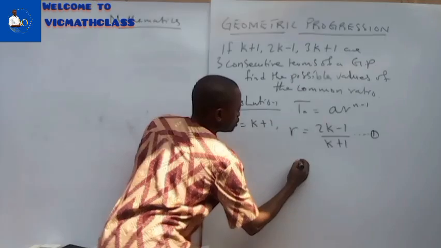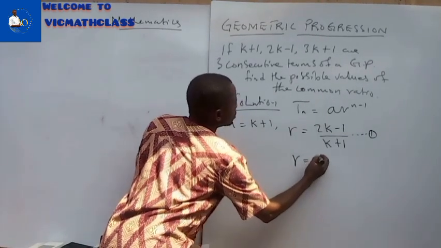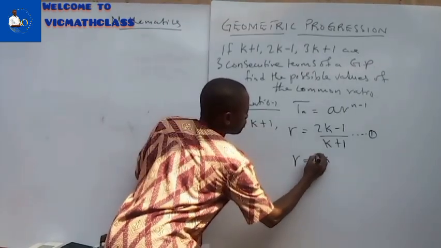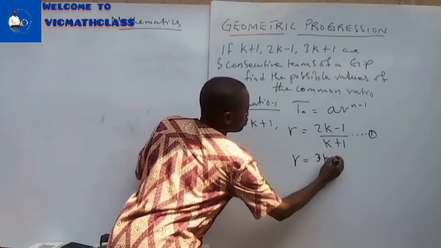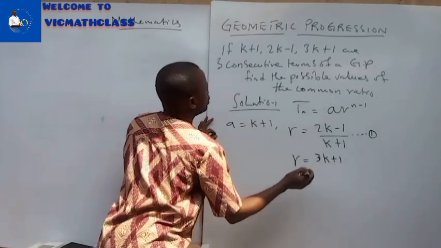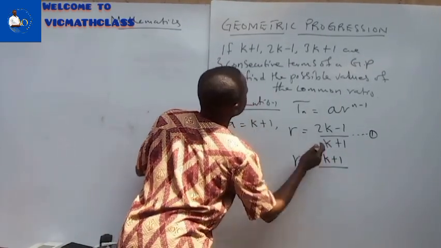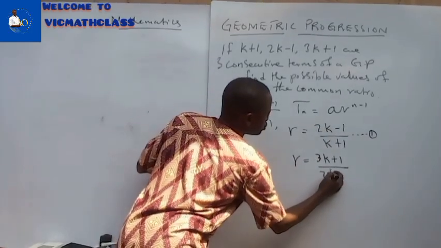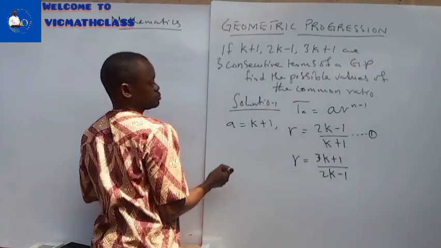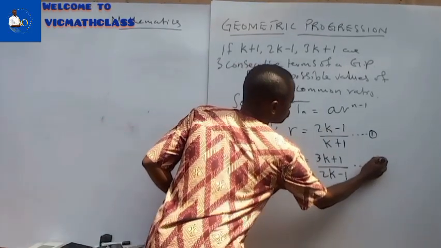So I can also say the same ratio is 3k plus 1 all over this 2k minus 1. I can call this equation 2.